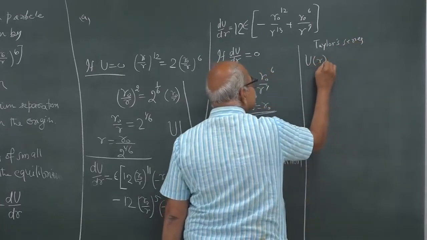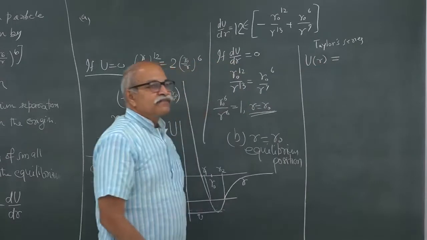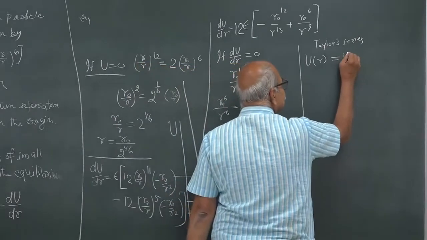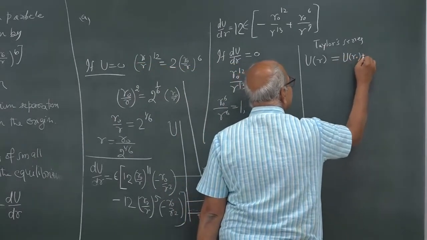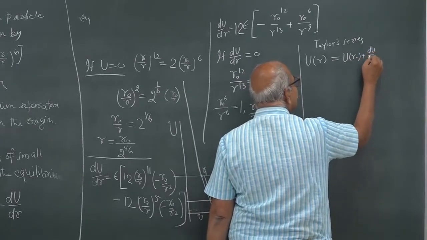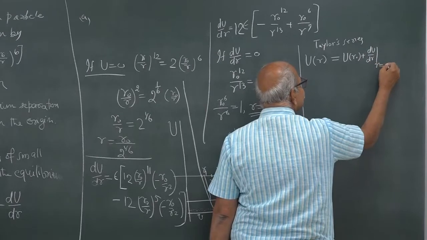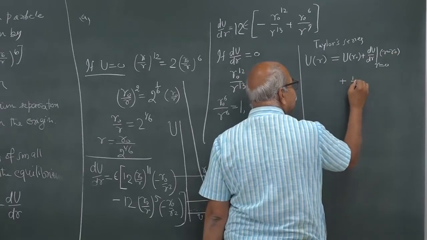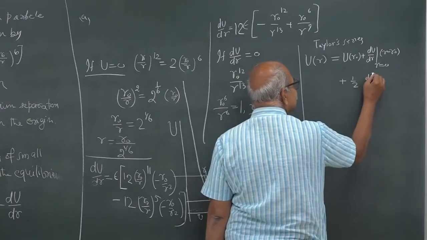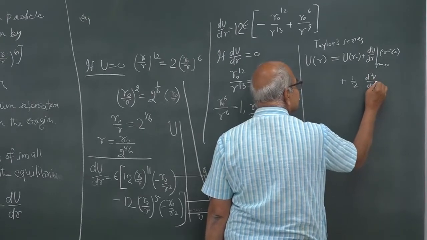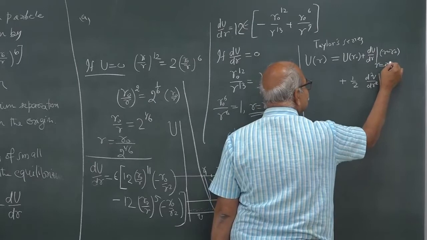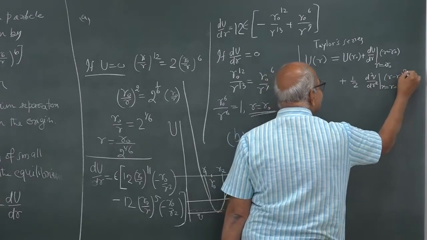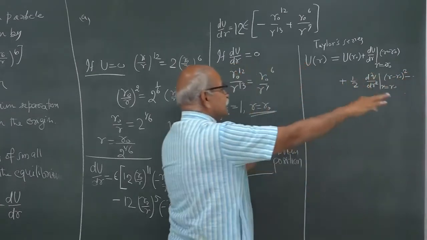It says that if you have to get u as a function of r, and you have a point r naught which is very close to it, you can write it as u at r naught, plus du dr at r equal to r naught, multiplied by r minus r naught, plus half of the second derivative d2u dr square evaluated at r equal to r naught, multiplied by r minus r naught square, and similarly higher order terms coming in there.